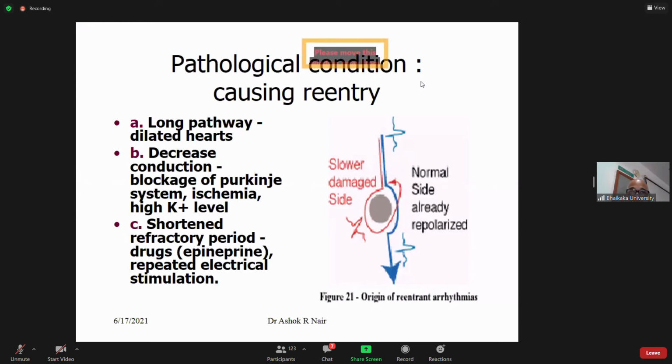I told you to remember the peak of the T wave. If you compare the T wave with the cardiac action potential, the peak of the T wave almost corresponds with the center part of the repolarization wave.